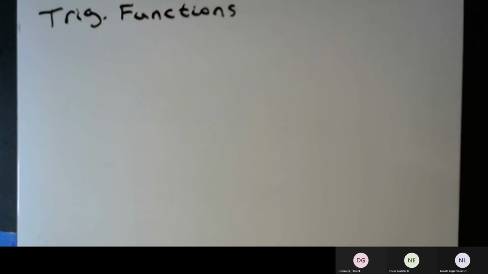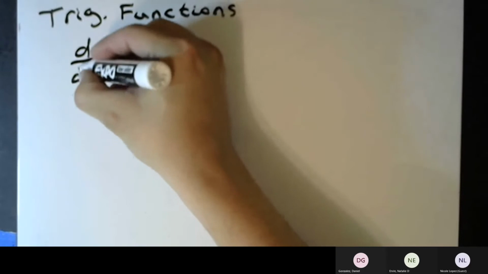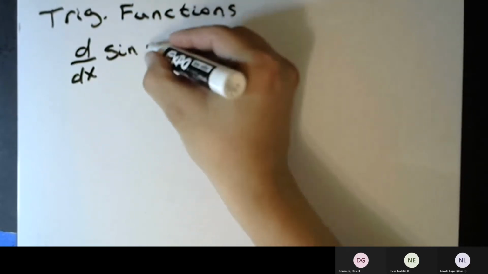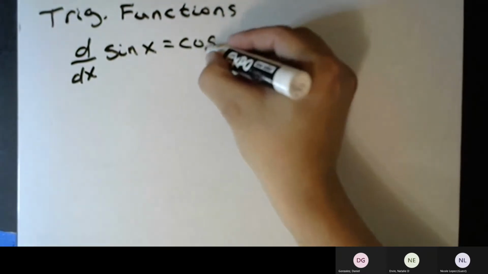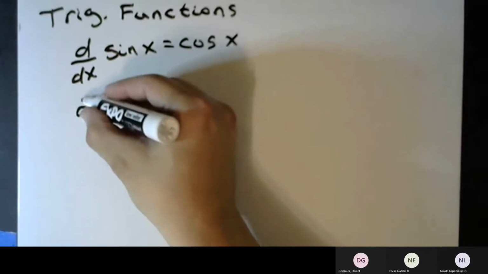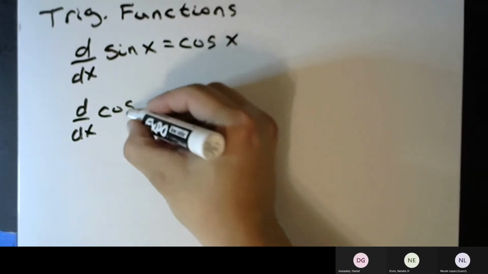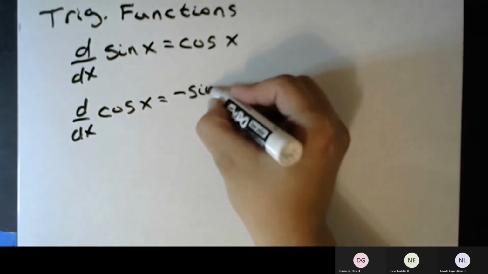But the formulas for the derivatives of trig functions are going to be this. The derivative of sine x is cosine x. The derivative of cosine x is minus sine x.